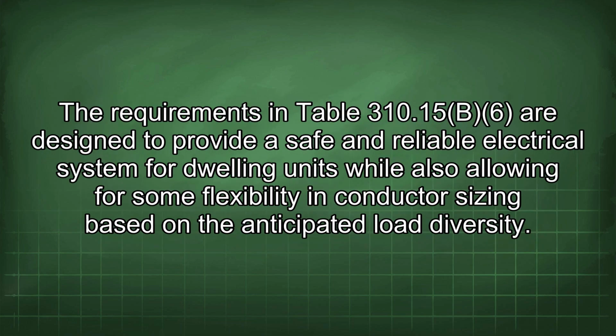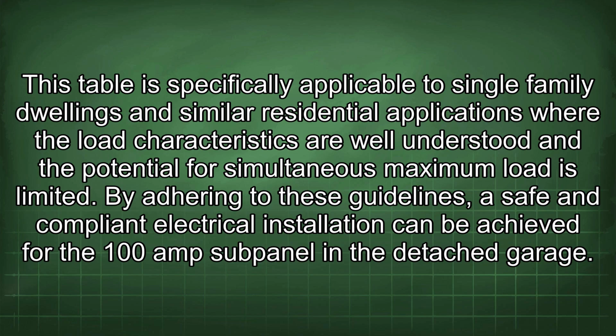The requirements in Table 310.15(B)(6) are designed to provide a safe and reliable electrical system for dwelling units while also allowing for some flexibility in conductor sizing based on the anticipated load diversity. This table is specifically applicable to single-family dwellings and similar residential applications where the load characteristics are well understood and the potential for simultaneous maximum load is limited.